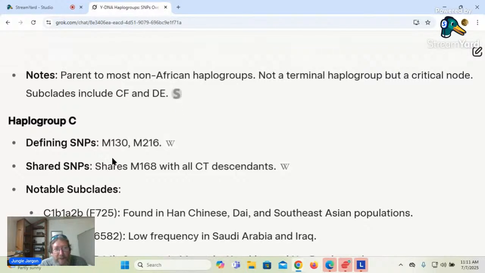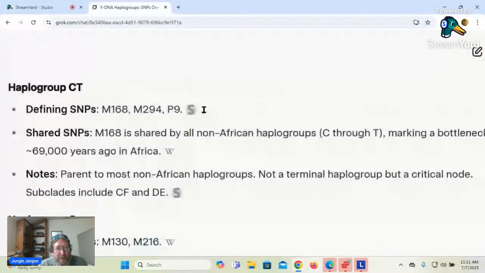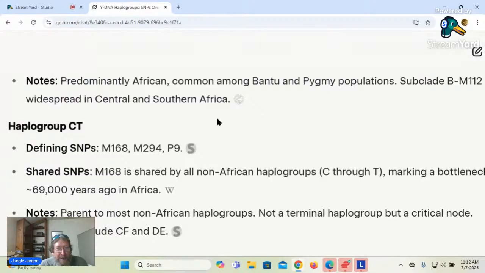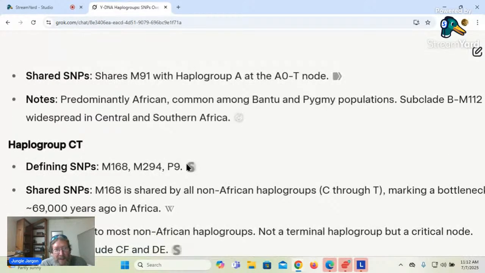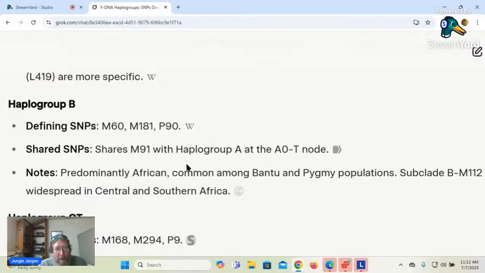His lineages do have this M168, which is shared with the rest of the world, except the rest of his own sons, after Nimrod, the rest of his own sons no longer have the M168. It's missing.